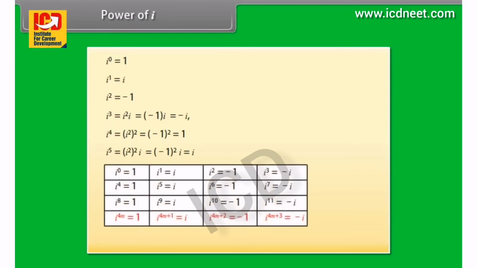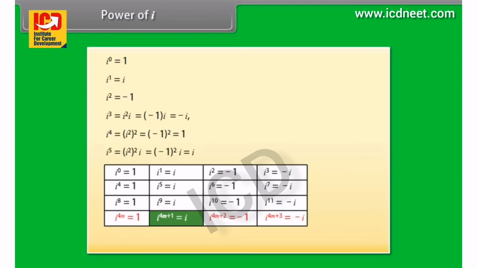Similarly, iota raised to power 4 is equal to the square of iota square, which is minus 1 square, equal to 1. Iota raised to power 5 is equal to the square of iota square into iota, which is minus 1 square into iota, equal to iota. Look at the table. We can see that iota raised to power 4m is equal to 1.